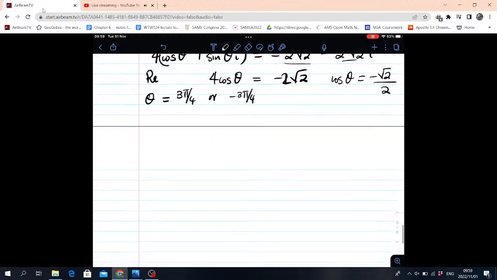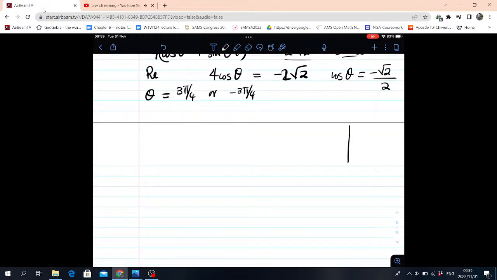The idea, as usual, is we can see that cos is negative. If we draw a little diagram, then we can see that it has to be in here or in here, because that's when cos is negative. The one here would be 3 pi over 4, and the one in here will be minus 3 pi over 4.